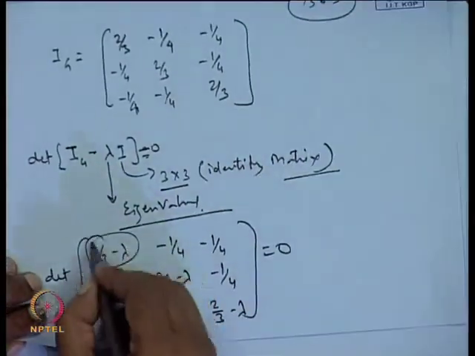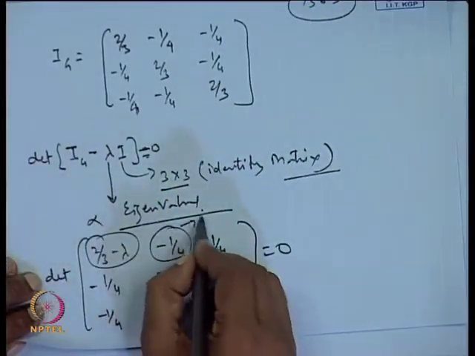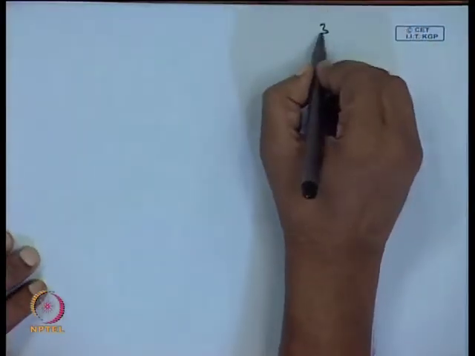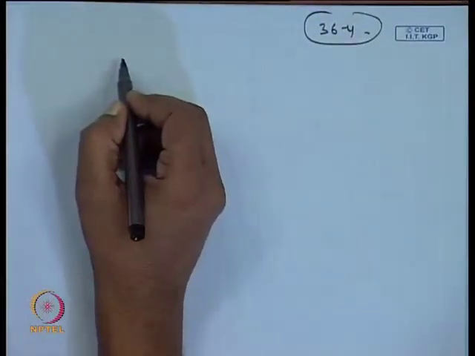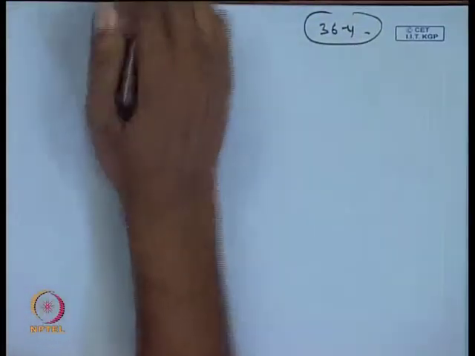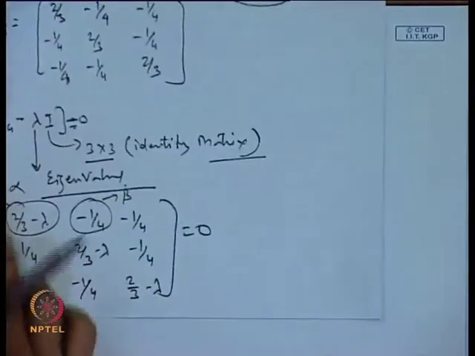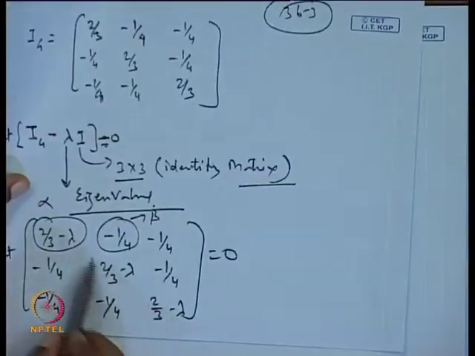This diagonal term we wrote as alpha and this off diagonal term we wrote as beta.